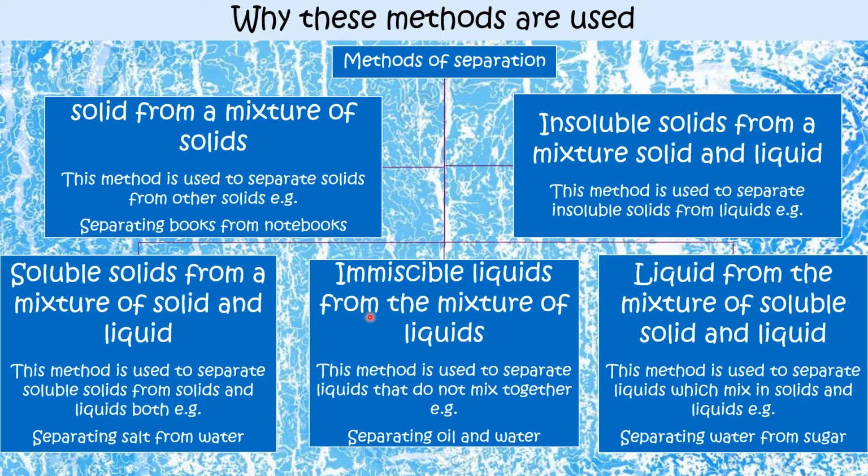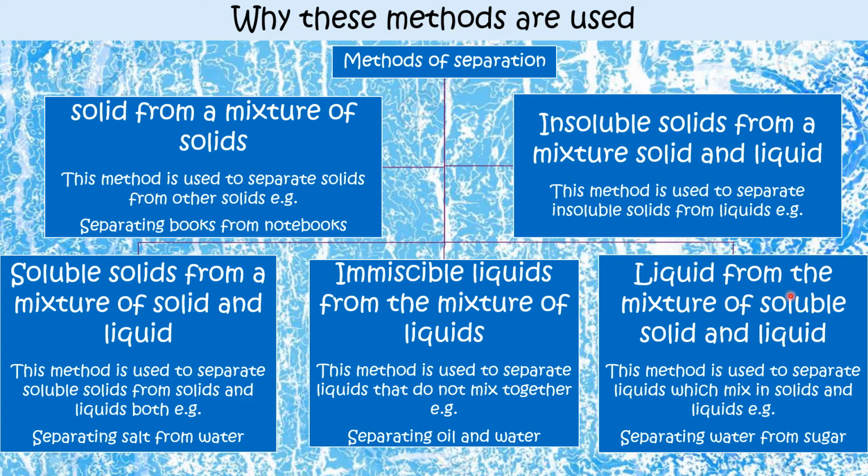Immiscible liquids from a mixture of liquids: this method is used to separate liquids that do not mix together, like separating oil and water. Oil and water never mix together. If we let them settle, they make separate layers, so we can say that they do not mix.